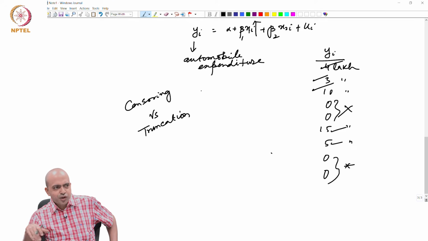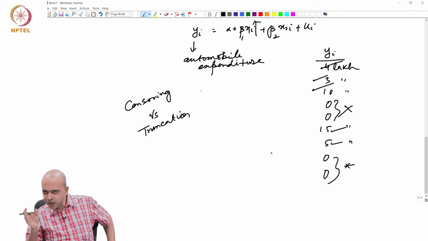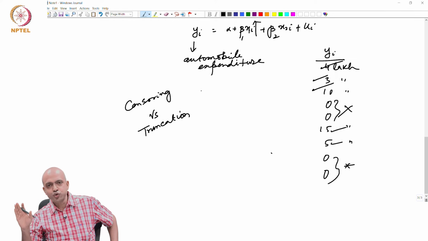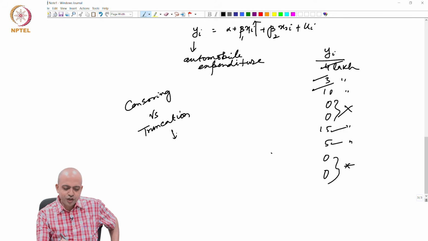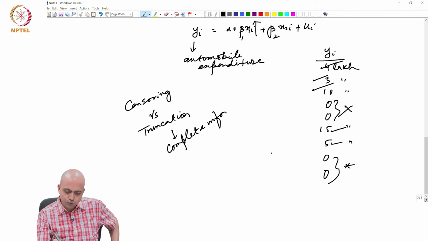For example, my objective is to estimate the elasticity of automobile expenditure only for those households who have a vehicle. So, I will go to the individual and ask if you have a vehicle, then I will interview. If they say no, I will not interview the household at all. So, at the end of the day, I will have complete information on both y and x.